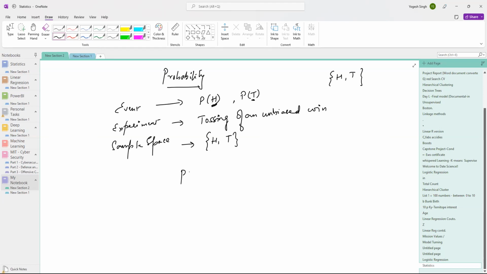So when I talk about probability, what I say, the number of ways the event can occur divided by the number of elements in the sample space. So number of ways a head can occur is 1 divided by the number of elements in the sample space is 2. So the probability of occurrence of a head is 1 by 2, which is 0.5.